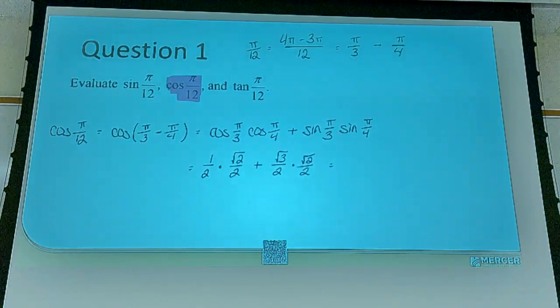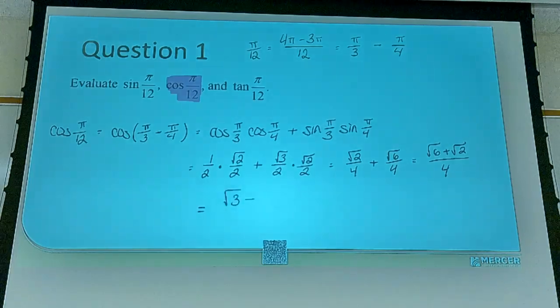And we already said what those values were. Just so it's symmetric with sine, I'm going to write the root 6 first, but it doesn't matter. Root 6 plus root 2 all over 4, and using a similar argument, root 3 plus 1 over 2 root 2.